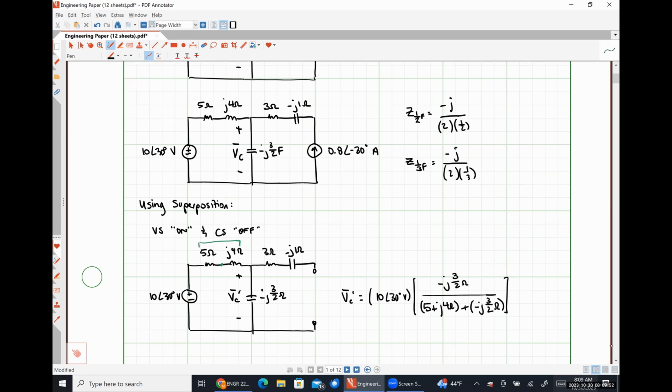So now I'm going to put this in my calculator, and I encourage you guys to do the same so that you get experience doing this math in your calculator, because you're going to have to do it quite often.